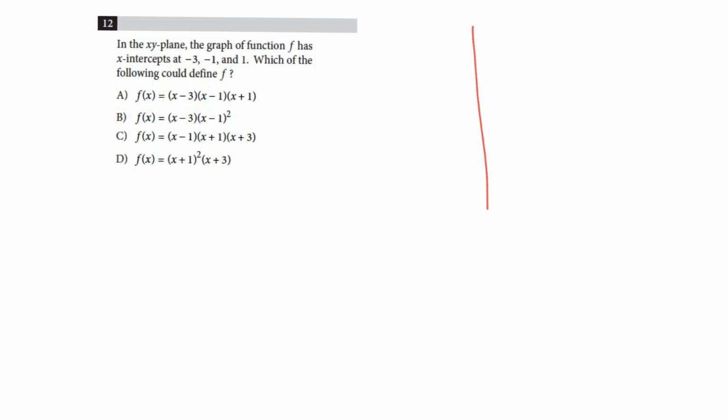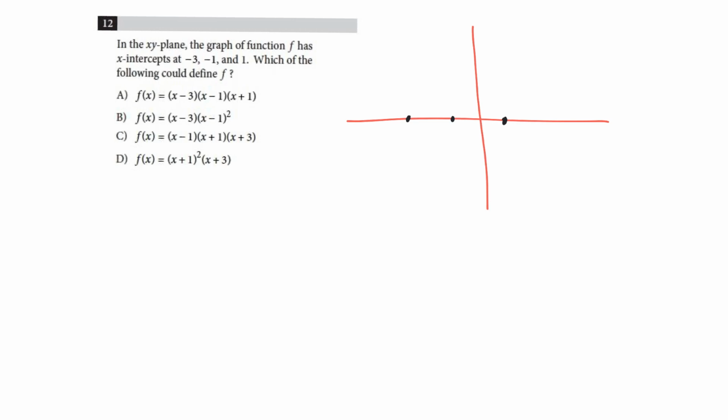Okay, so that means we have a -3, -1, and 1. If we have 3 x-intercepts, it has to at least be degree 3. It could be a greater degree than 3, but that's the least.